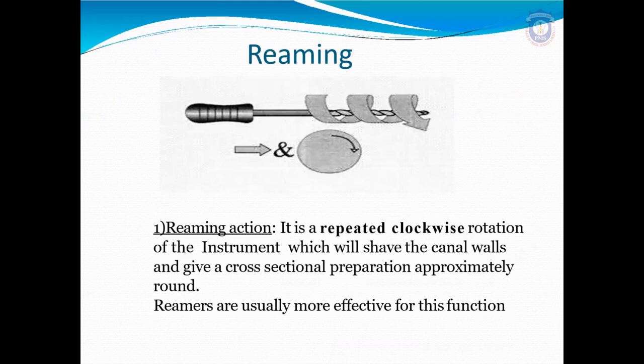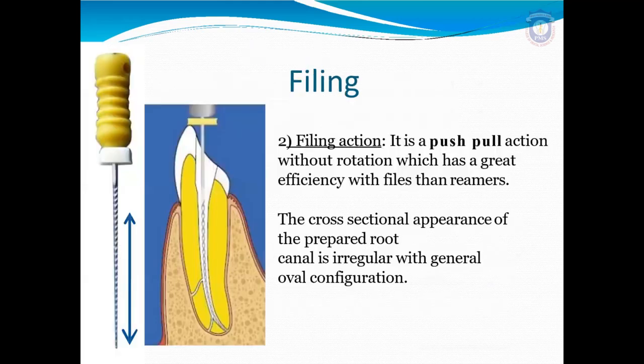Reamers are usually more effective for this function. Filing action is a push-pull action without rotation, which has a greater efficiency with files than reamers. The cross-sectional appearance of a prepared root canal is irregular with a general oval configuration.